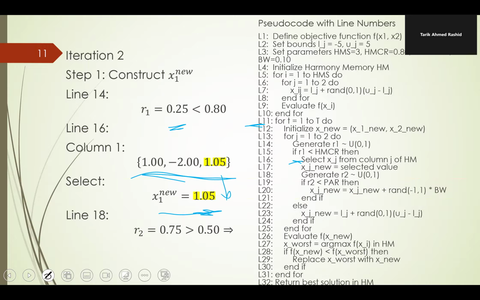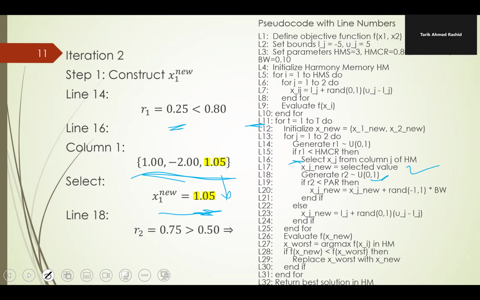Now we throw another random number, R2, between 0 and 1, which is here.